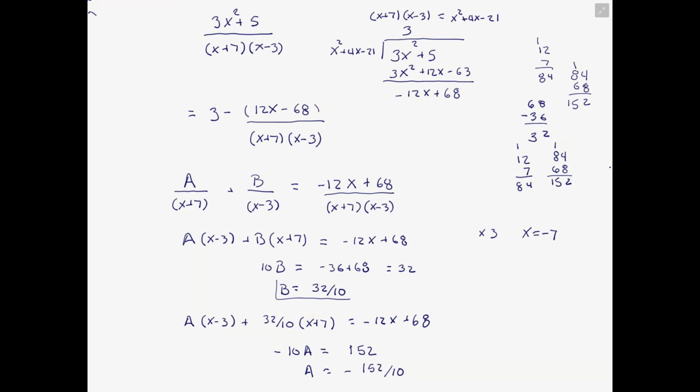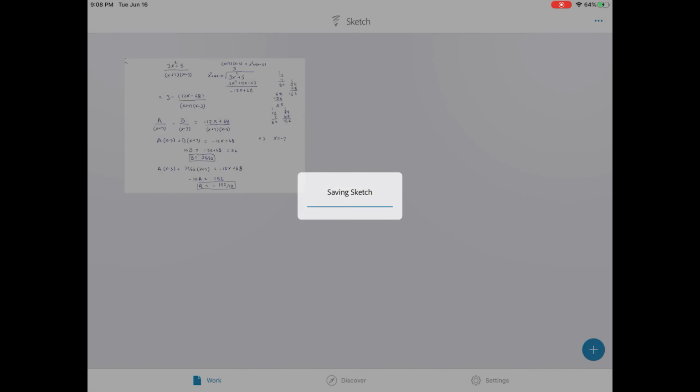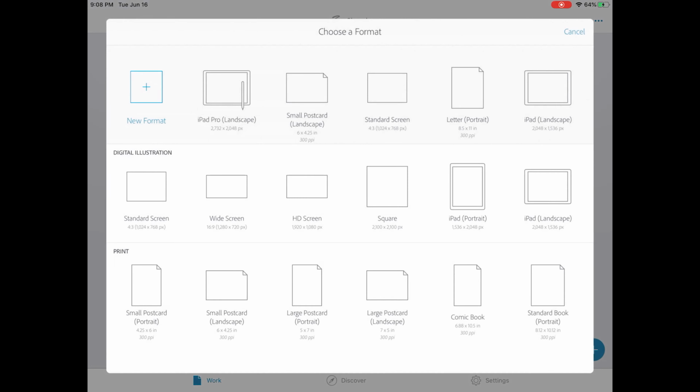So if that's the case, we have B is 32 over 10, and A is minus 152 over 10. So we ran out of room on the sheet.